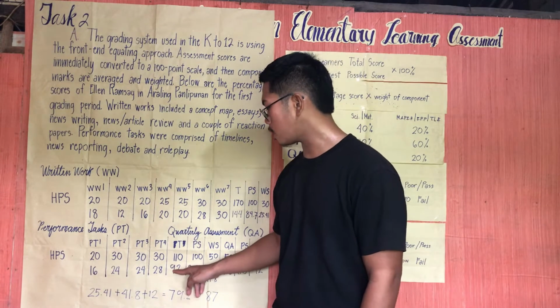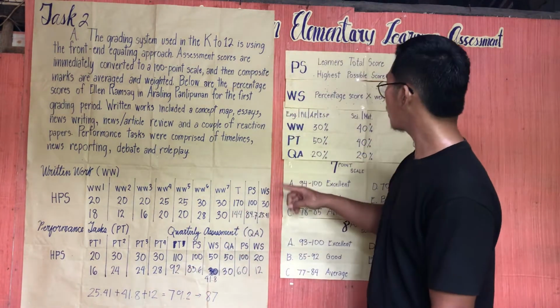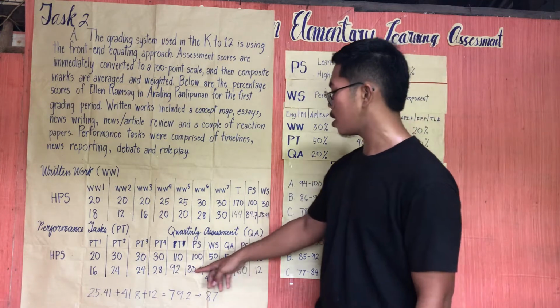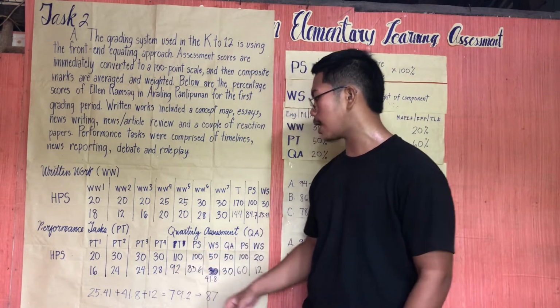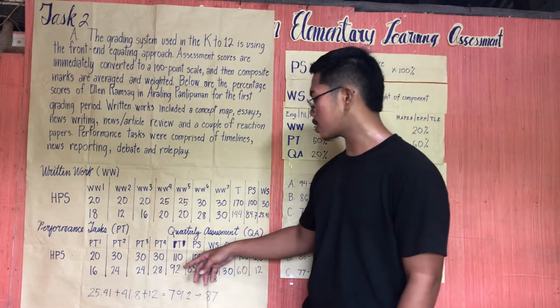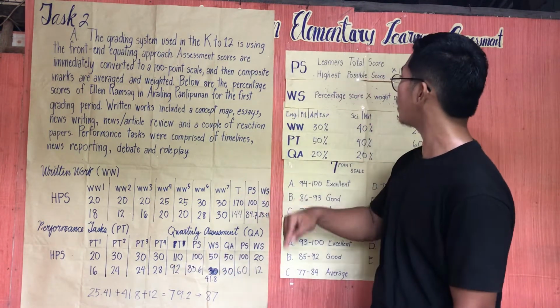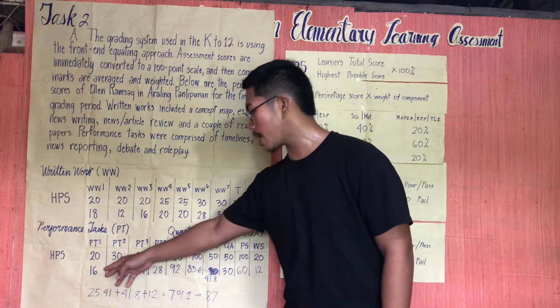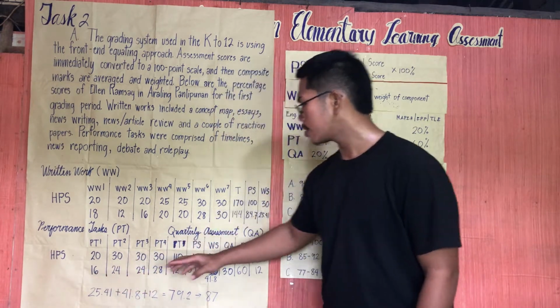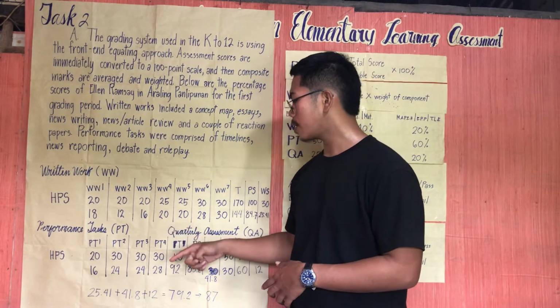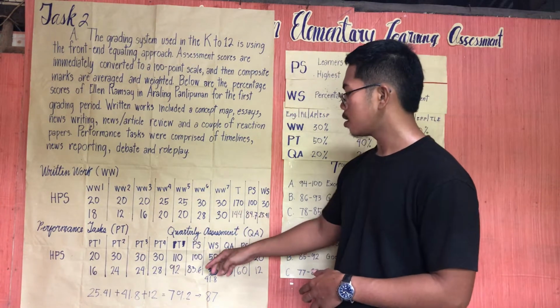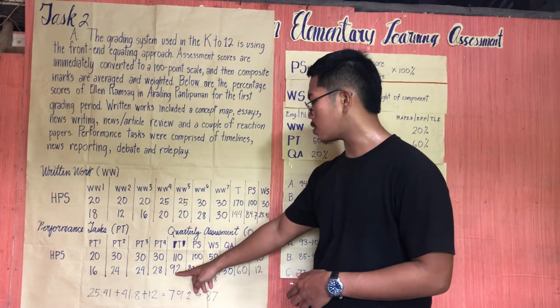This 92 is the learner's total score, because we add up her total learner score. Now we have 92.